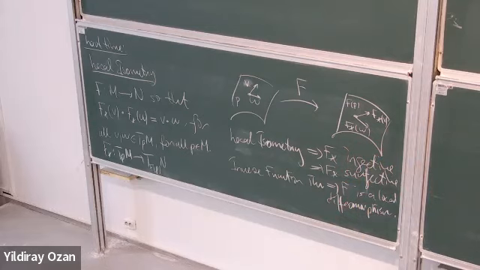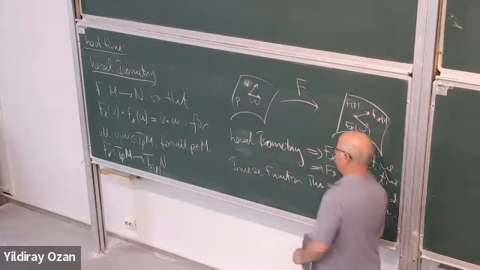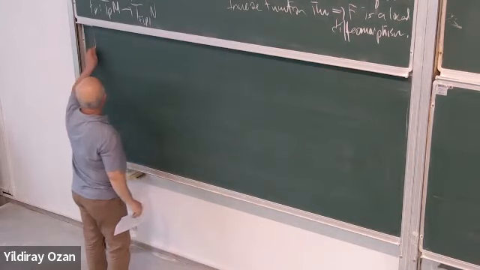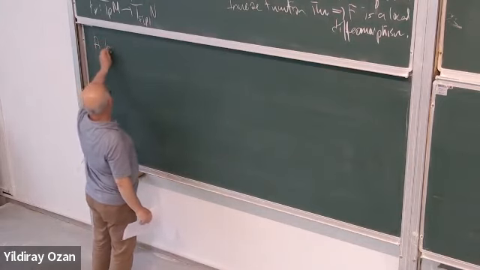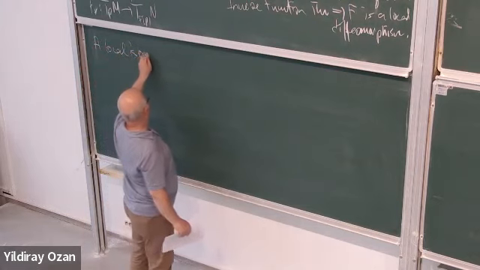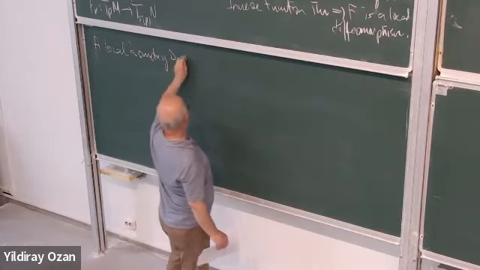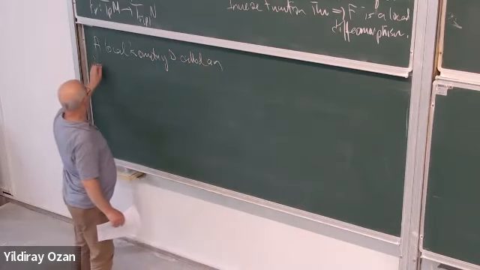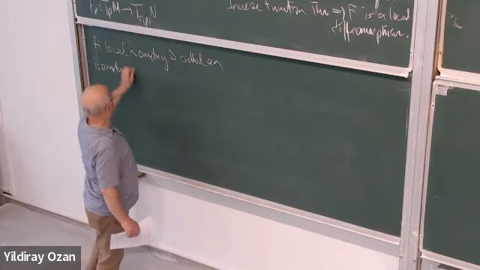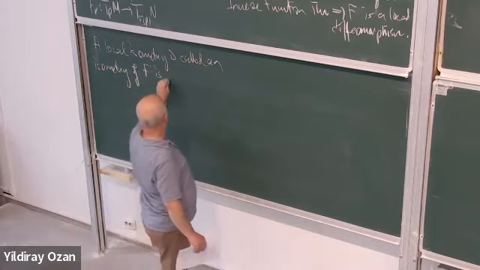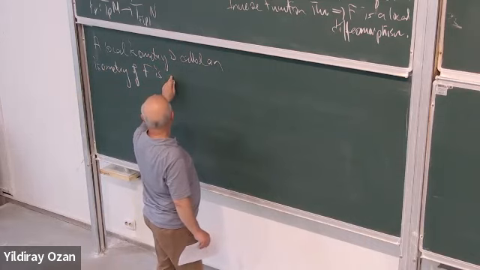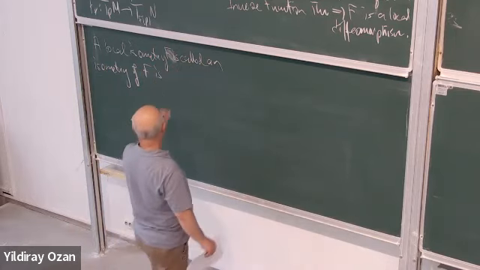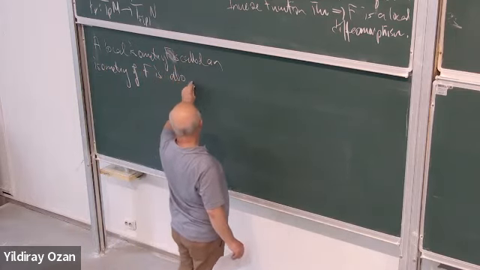It has to be, moreover, one-to-one and onto. So a local isometry is called an isometry F, of course, if F is also a diffeomorphism.